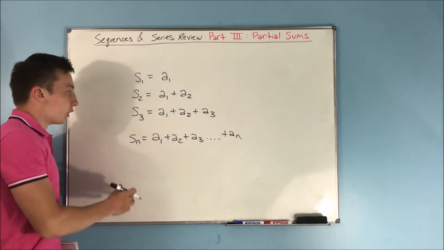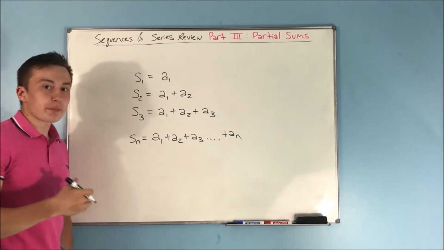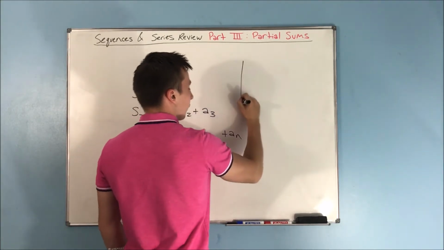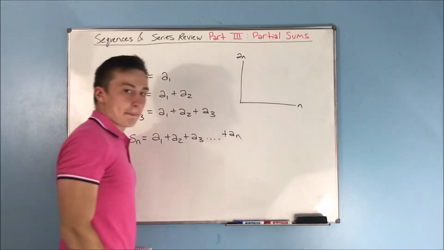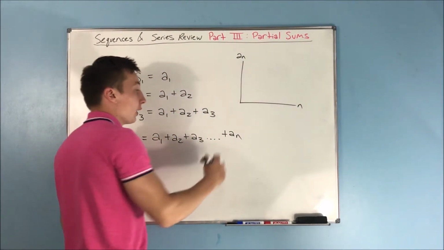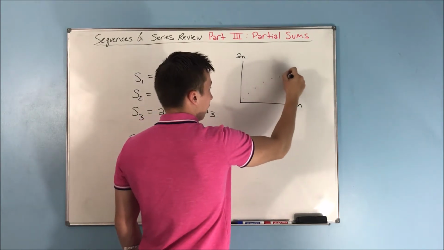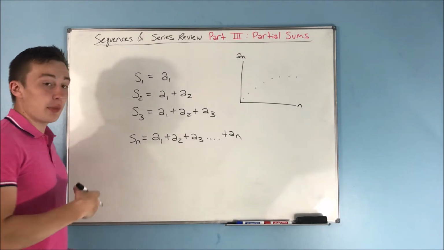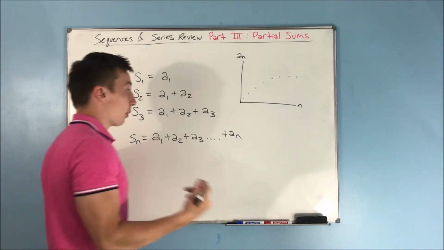All right, so what we can do with these partial sums is we can plot them. For a sequence, we had a sub n versus n, and what we did was we just graphed what our a sub n was at a given n. Well, now we can do the same thing, but with your S sub n instead, with your partial sums.